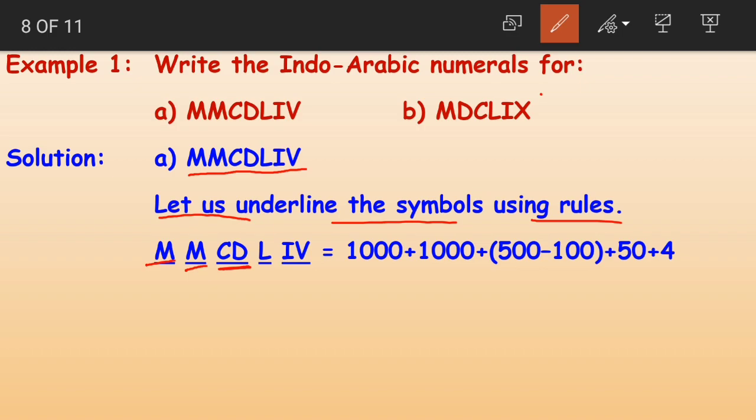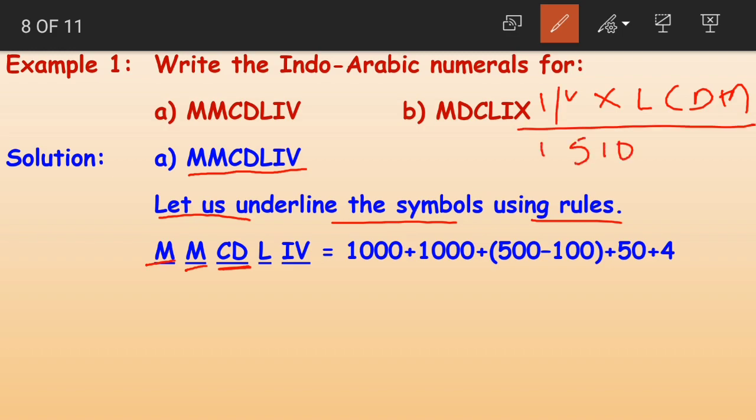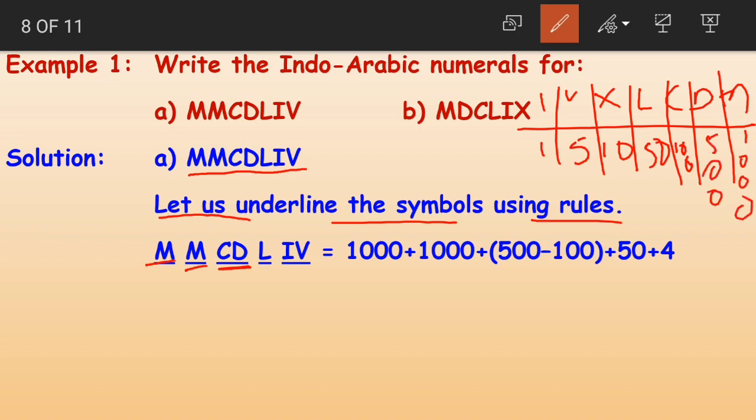Whenever such a question is given, write all 7 symbols I, V, X, L, C, D, M and write their values below as well: 1, 5, 10, 50, 100, 500 and 1000. Okay children?